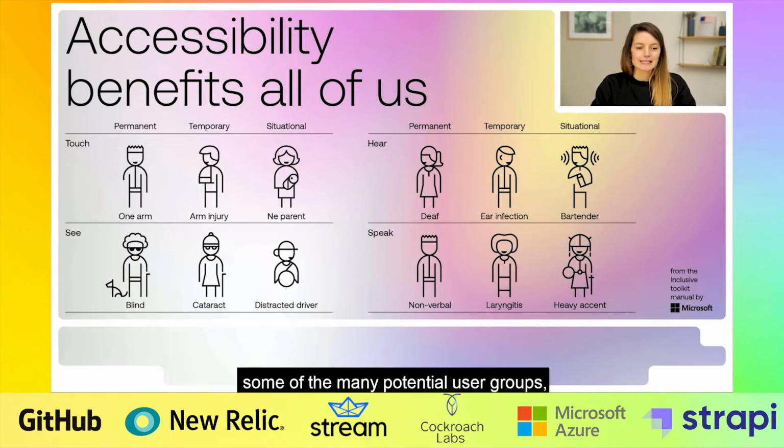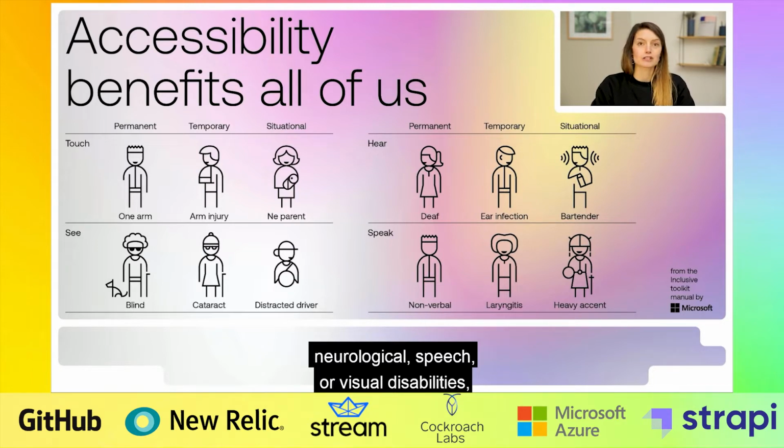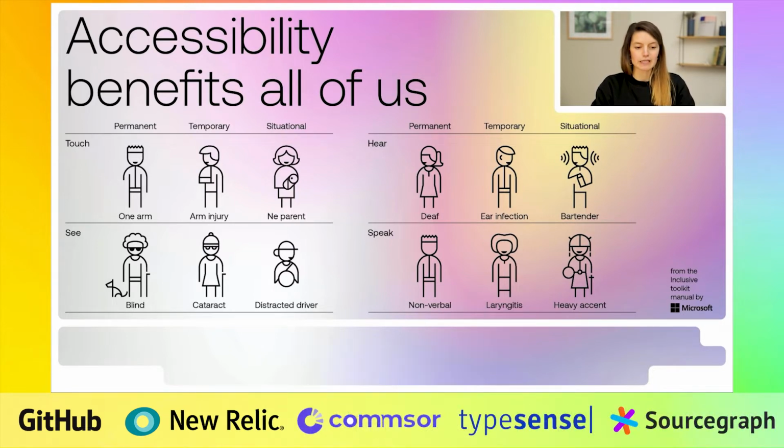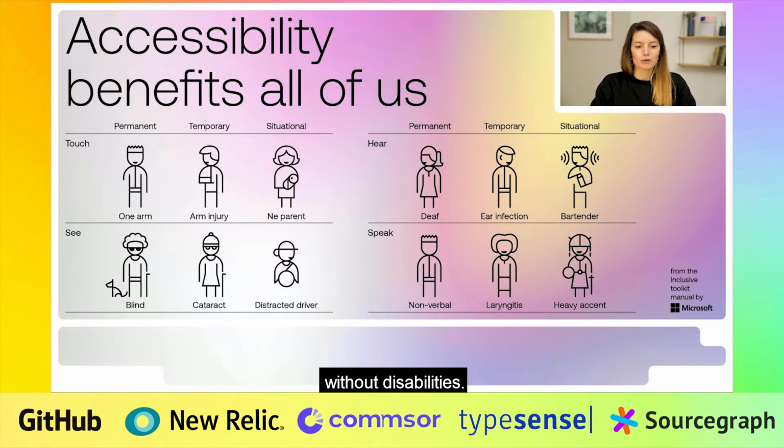In the table, you can see some of the many potential user groups. For example, people with all kinds of disabilities or impairments like physical, auditory, cognitive, neurological, speech, or visual disabilities. But web accessibility also benefits people without disabilities.